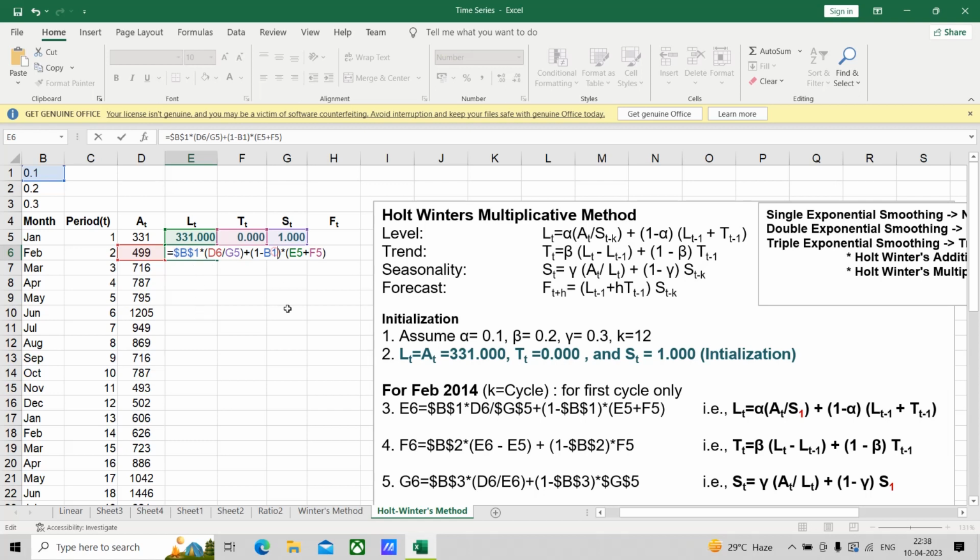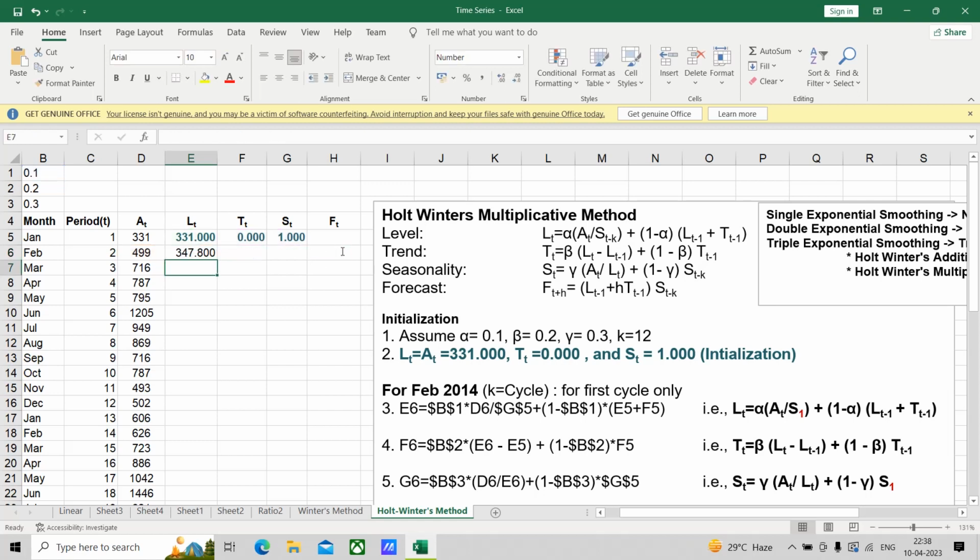Again at this place alpha is fixed because it is not changeable in the formula, so we make it an absolute cell by pressing the F4 function key, and after that we press enter. It will give us the value of L(t) for period 2.